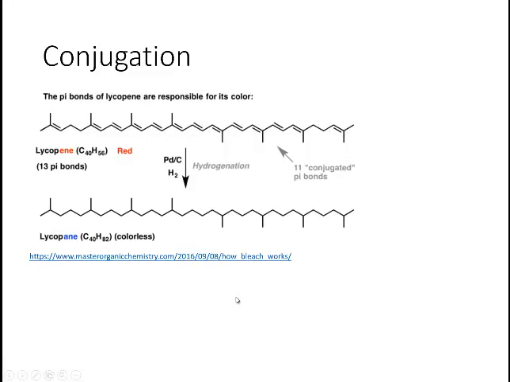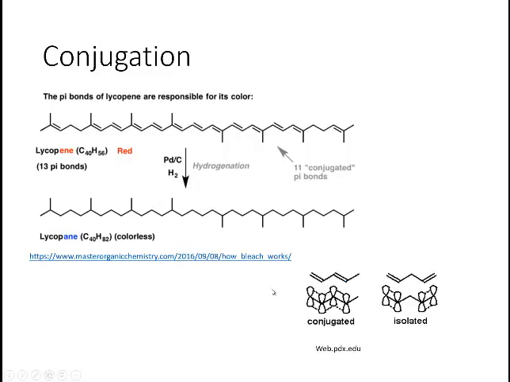And this conjugation, if you've talked about sigma and pi bonds, occurs because in a conjugated system, every single carbon here is sp2 hybridized, right? So every single carbon has a p orbital on it. And so electrons can travel all the way down this chain as long as we have this conjugation, right?